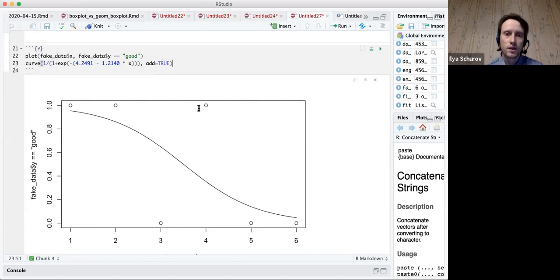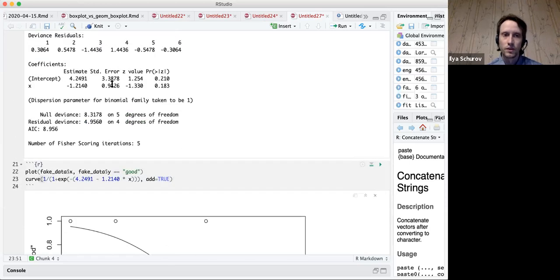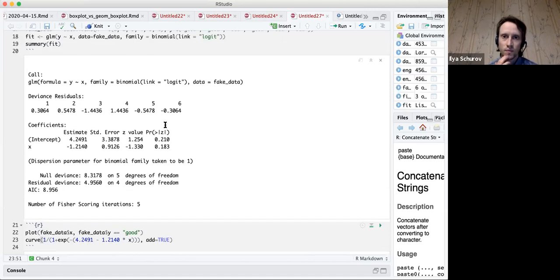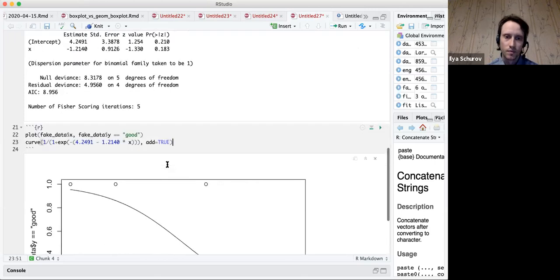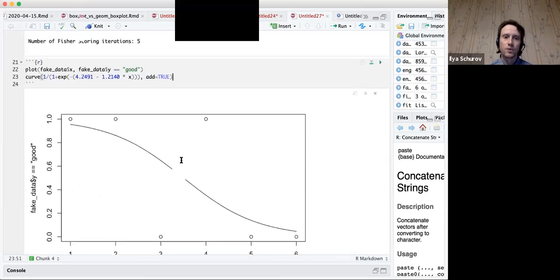You see, these are our data points, and this is our curve that corresponds to this maximum likelihood. This is just the result of this estimation. Okay, does it work for you?